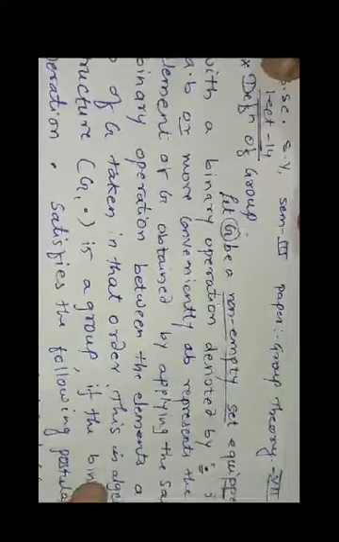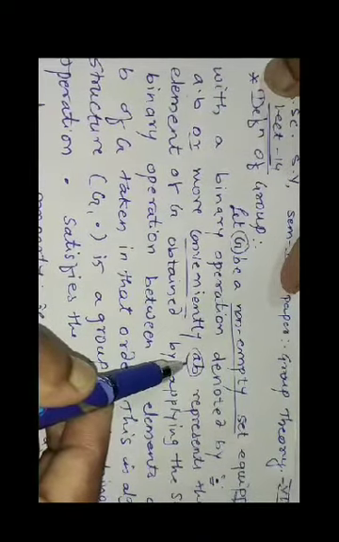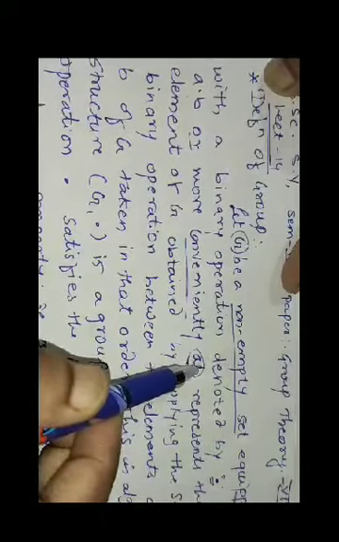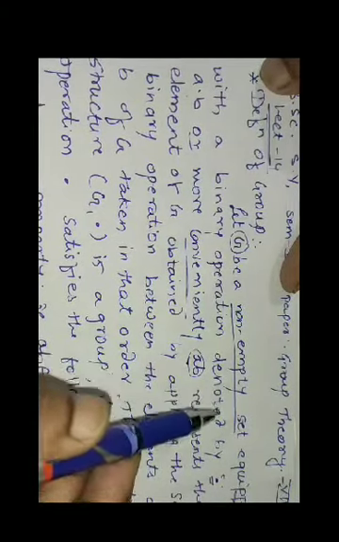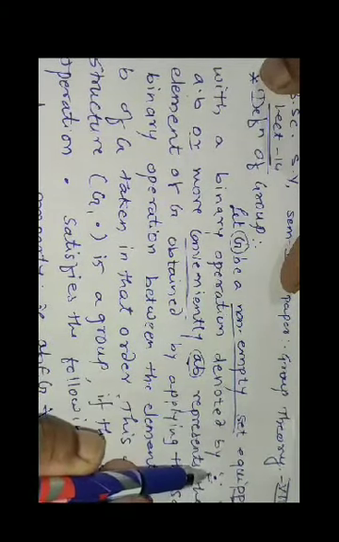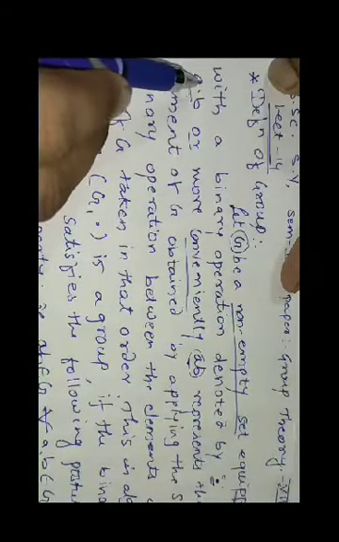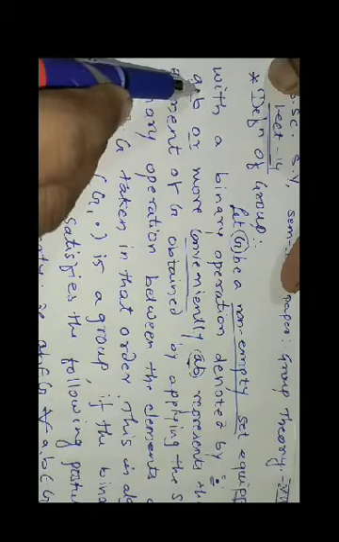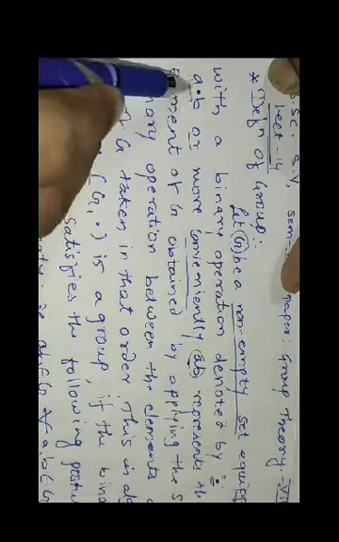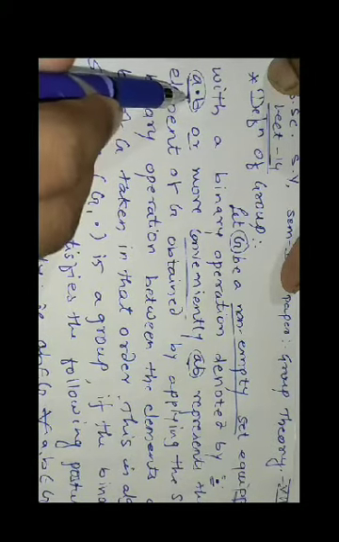Dot is a special binary operation. That is, A dot B, or more conveniently we just write AB. So here G is a non-empty set and dot is the binary operation, and A dot B means element A, binary operation dot, and element B. But it is not convenient to write it frequently.